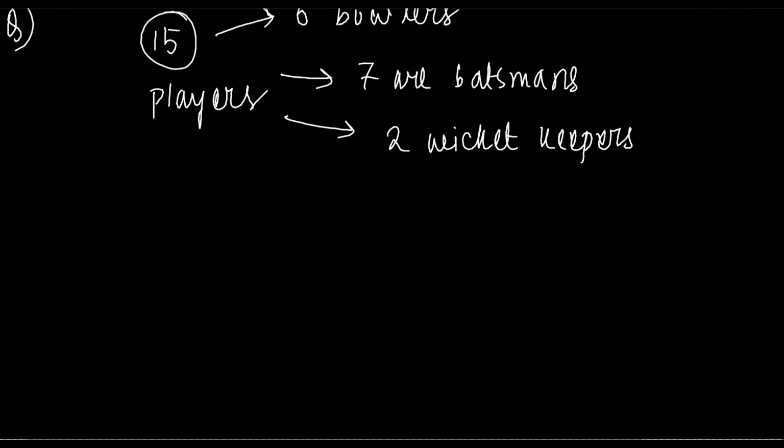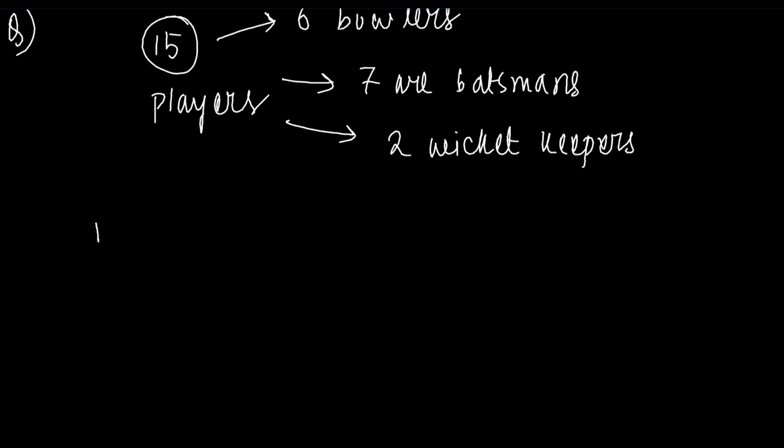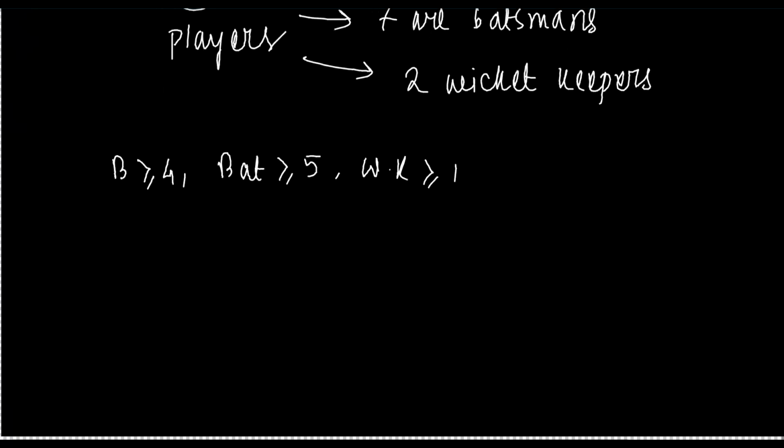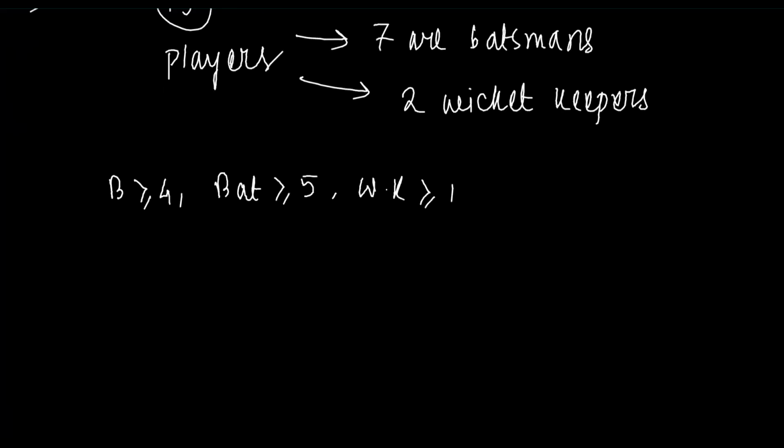That is very interesting. Bowlers we can take is greater than or equal to 4, batsmen greater than or equal to 5, and wicket keepers greater than or equal to 1. If we take the minimum number of batsmen, bowlers and wicket keepers, it comes to 10 players. So we take another 1 player from these 3 cases.